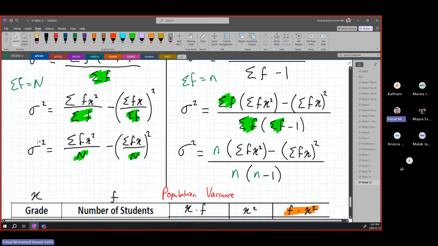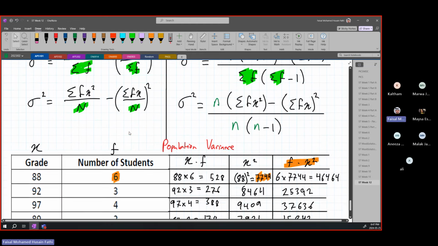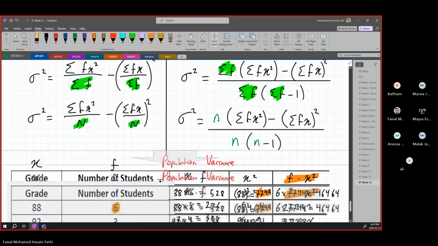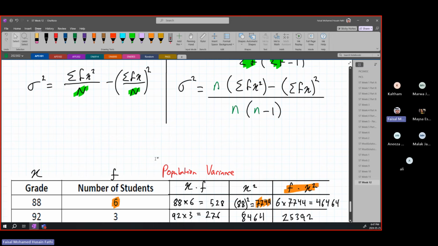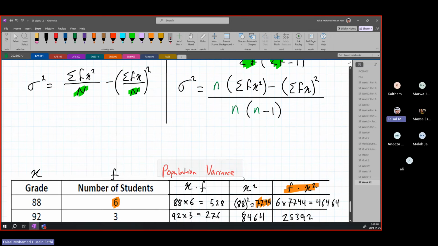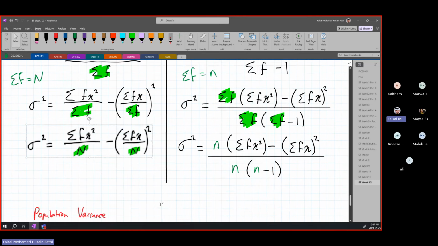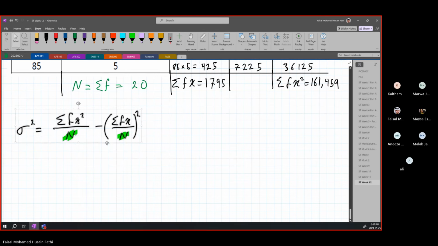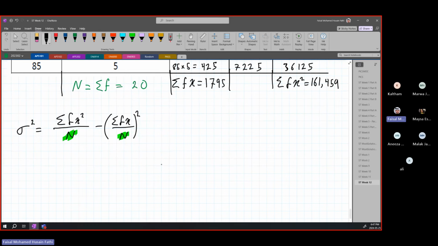How are we going to do that? Remember, we are talking about population variance in this question. I just want there to be no confusion. So this is population variance. We're going to use this equation to find our variance, which is equal to sigma fx squared.